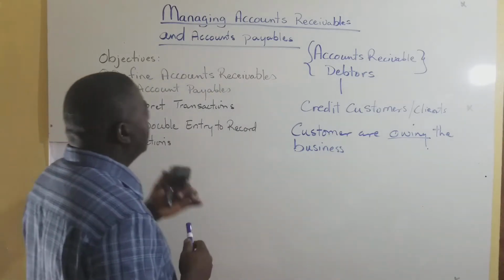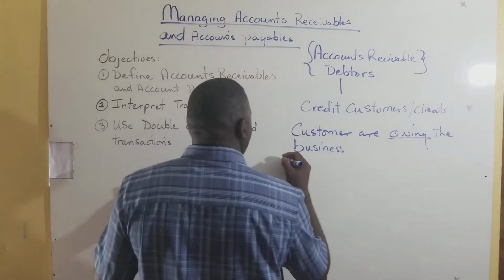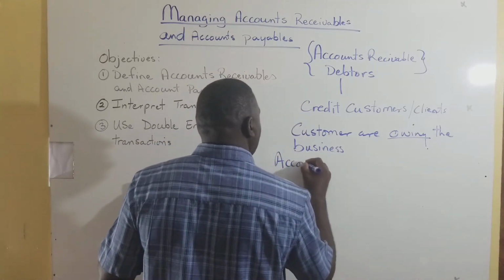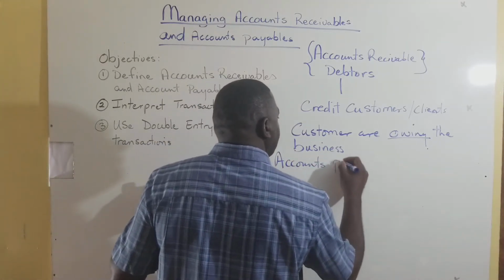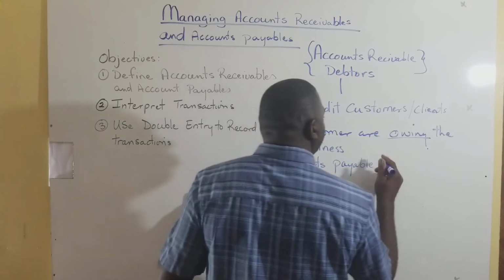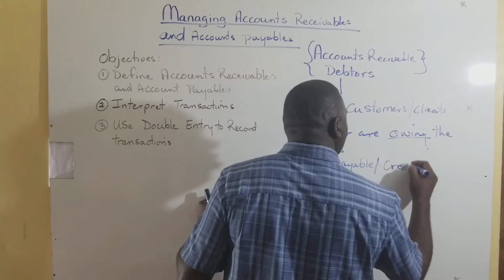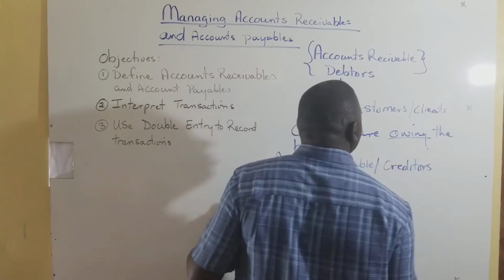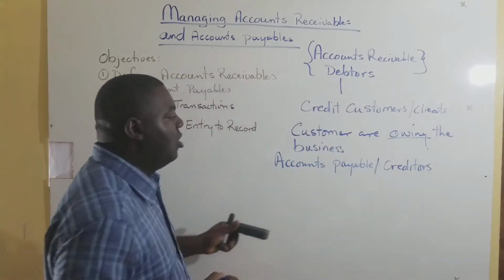Let's now go to accounts payable. Now, accounts payable is also referred to as your creditors. So they are also called creditors.